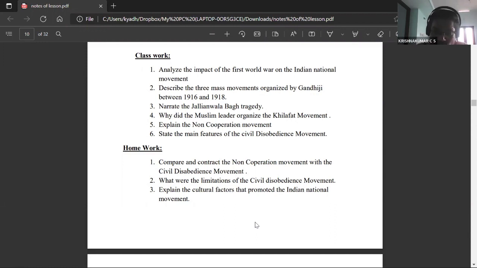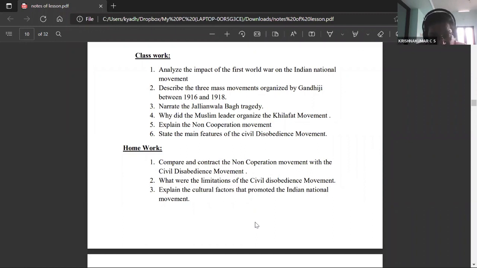Those days, in British colonies like New Zealand and Australia, they had dominion status. It means there will be an elected parliament and prime minister, and they will have more powers, but at the same time, there will be a viceroy appointed by the British monarch. So that is what we call dominion status or Swaraj.